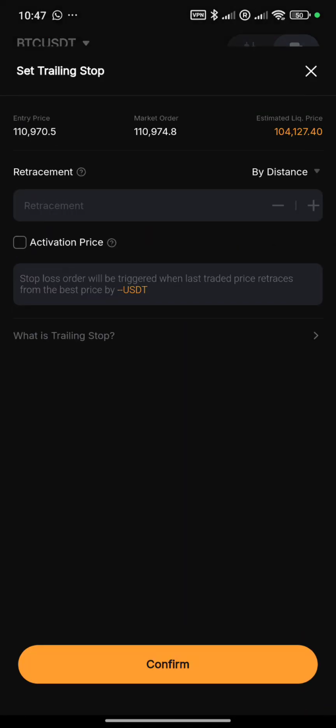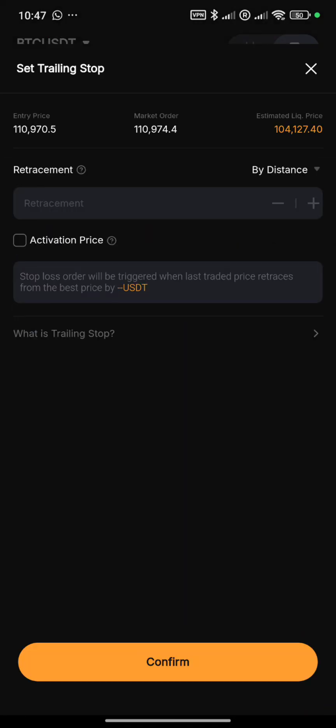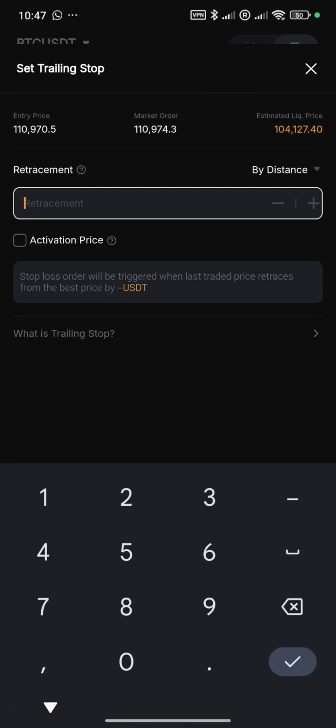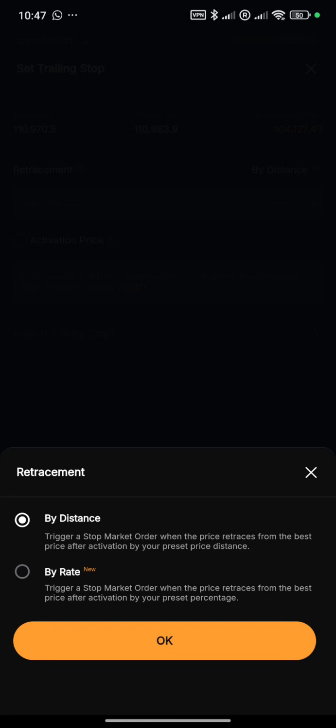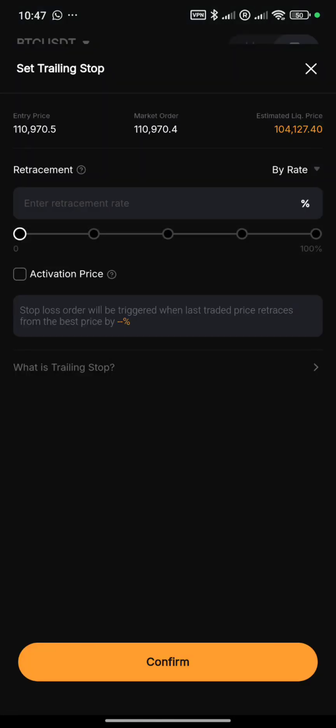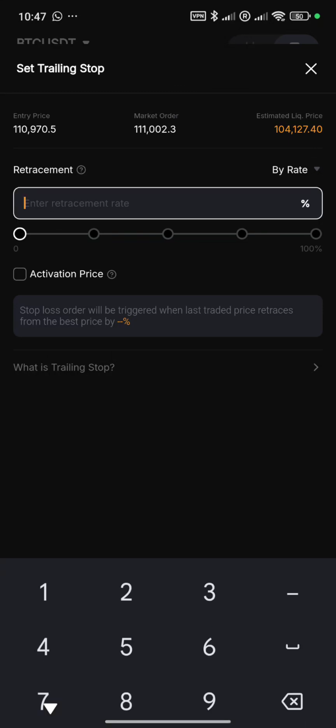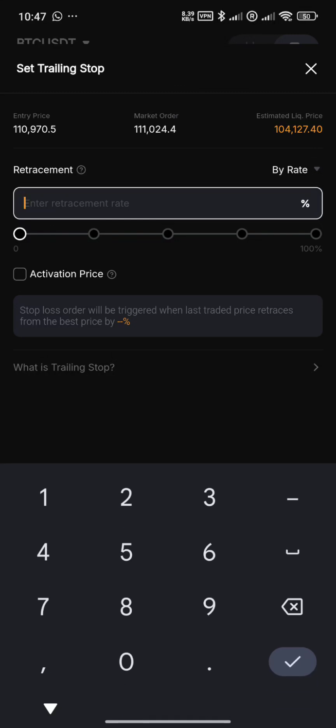But the trailing stop, if you click on trailing stop, asks for the retracement percentage. You can see by distance. If you click this drop-down, you can see by rate. Most times I prefer rate, like percentage, but you can use distance if you like. Maybe I want to put 10% retracement, then stop me out.